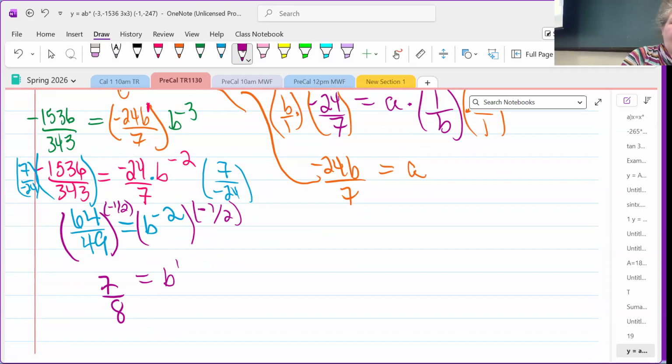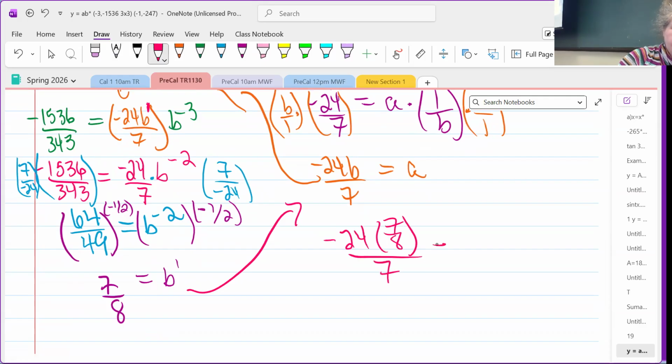So I have my b value. Now I need to take this back over here to figure out the a value. And this actually ends up being -3 for the a value.